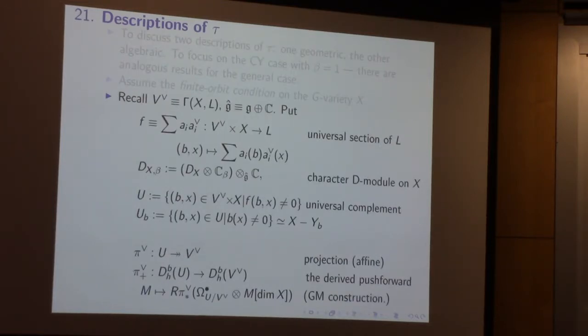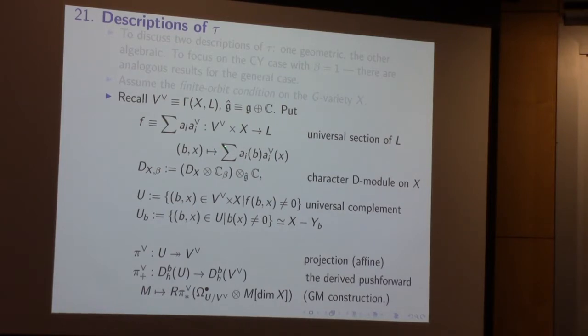Okay, so I want to introduce the following notations. Again, previously we have introduced V, that's given by this guy, and this trivial central extension of G, which I call G hat. I want to write down the universal section. This is given by this quadratic polynomial in the A and A check variables.